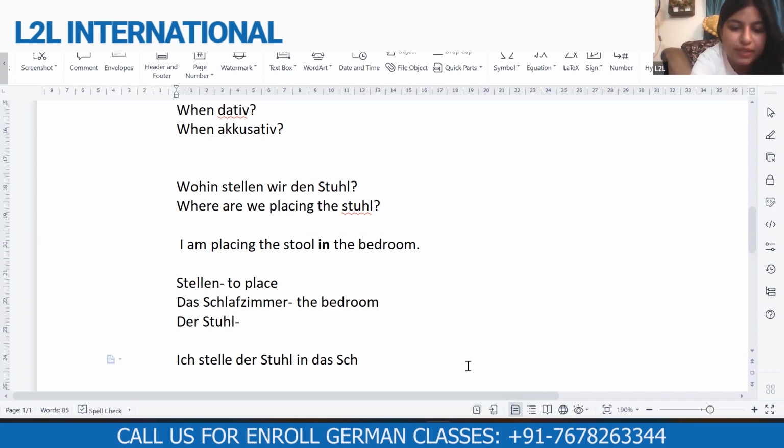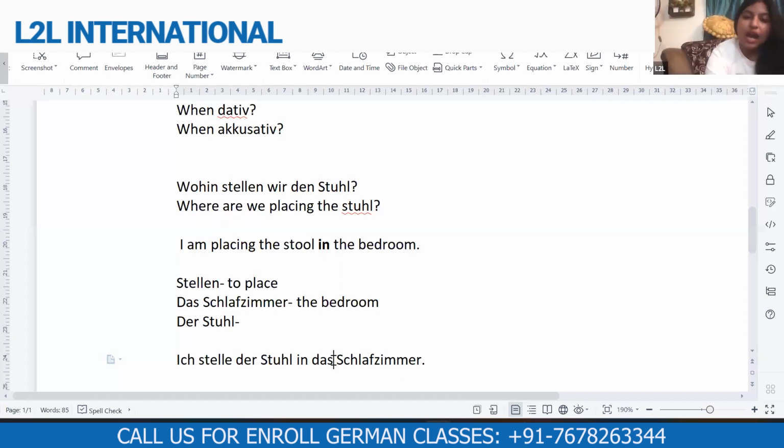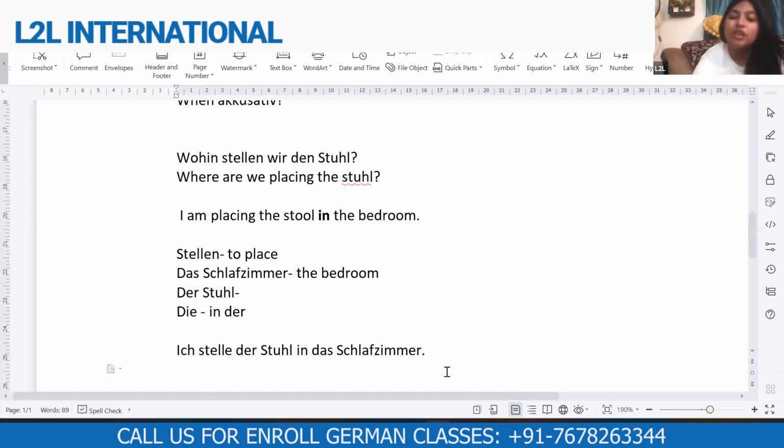Bedroom is Schlafzimmer, right? In dative, we were changing das to dem, if you remember, in the bank. The bank's article was die Bank, so we used to change it because it was dative. Here, because it is accusative, we will not change the article, it will remain das.